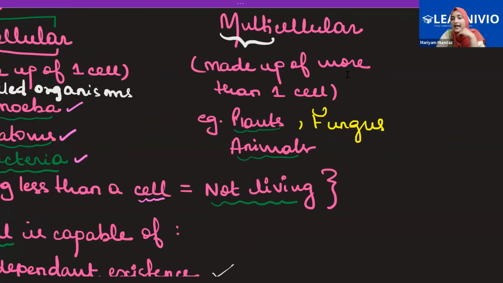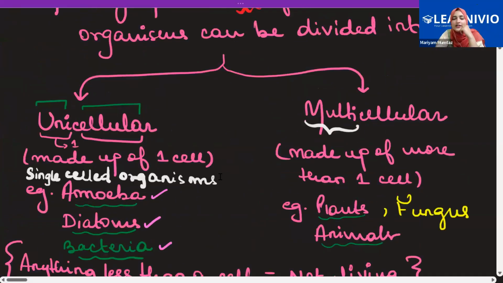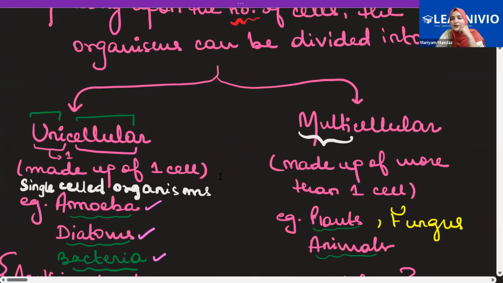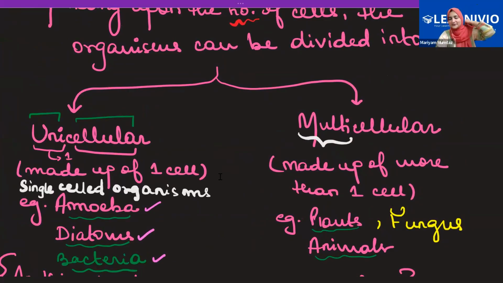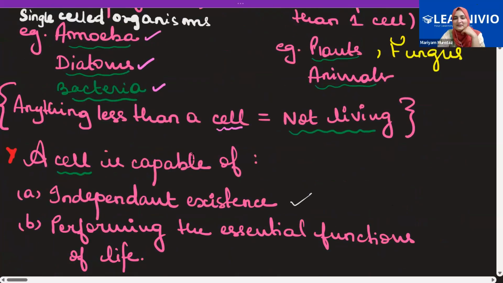The organisms that represent a multicellular structure would be all the plants, fungi, animals, all of that. Clear? Since you already know me, if you have a doubt, feel free to ask me. You know the drill. Yes. Okay.